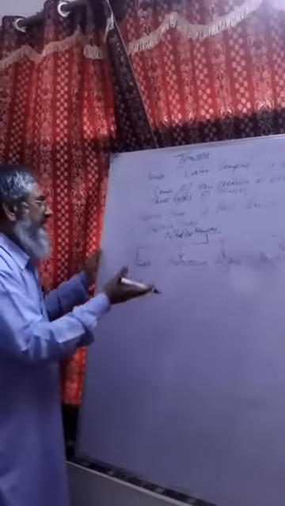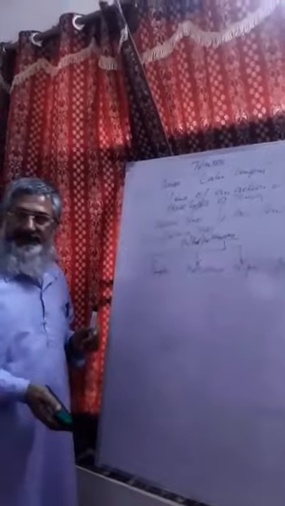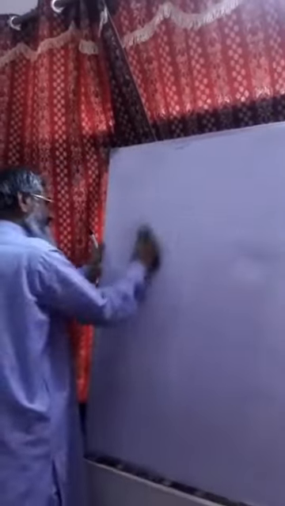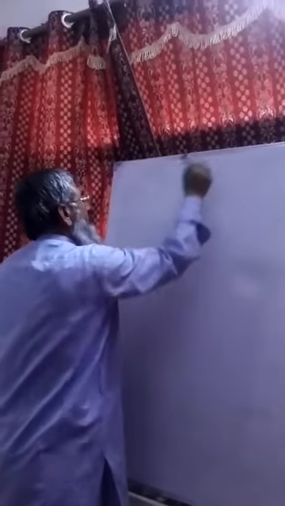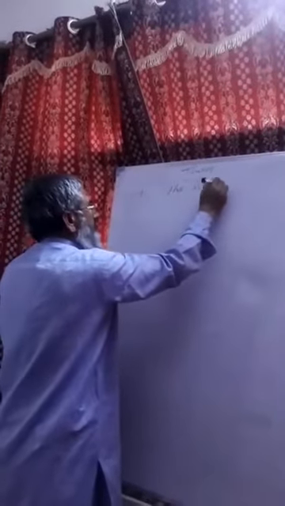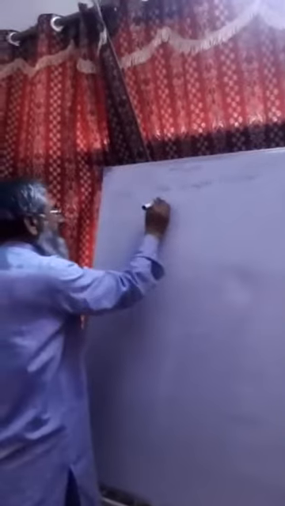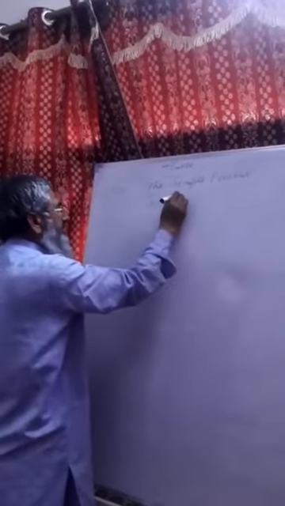Now, we should discuss each of these forms one by one in detail. So, the first tense which we are going to discuss is the simple present. The simple present has the structure: subject plus V1.